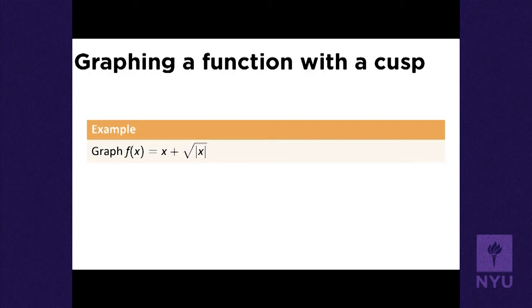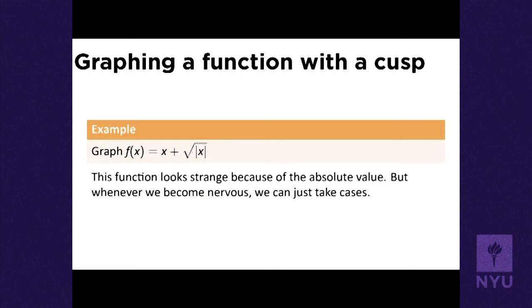Well, don't get too worried about the absolute value. I know that we tend to panic, but really all that means is it's a piecewise defined function. So we just look at the pieces, look at what this function is going to do when x is positive, what it is going to do when x is negative, and so you'll have different equations. That just means you take derivatives of different expressions.